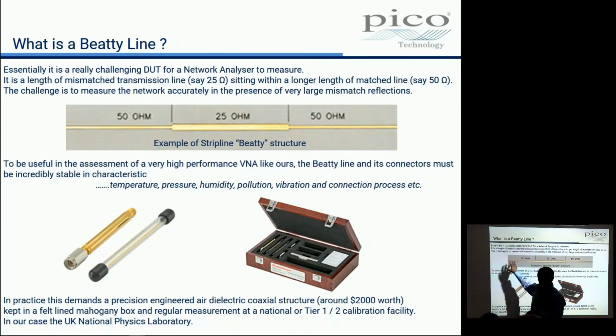Now, we can't use a piece of board because it wouldn't be stable enough for the measurement relative to the national lab. So what we have to do is, this is called a mismatch line. It's a precision engineered piece of pipe, or 2 pieces of pipe, and you assemble it between your connectors.